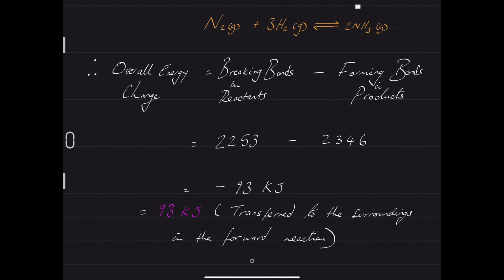The minus value indicates to us that it is an exothermic reaction. We state the answer correctly by saying that 93 kilojoules of energy have been transferred to the surroundings in the forward reaction. So that's how we bring our answer down, and the minus value indicates that it is an exothermic reaction.